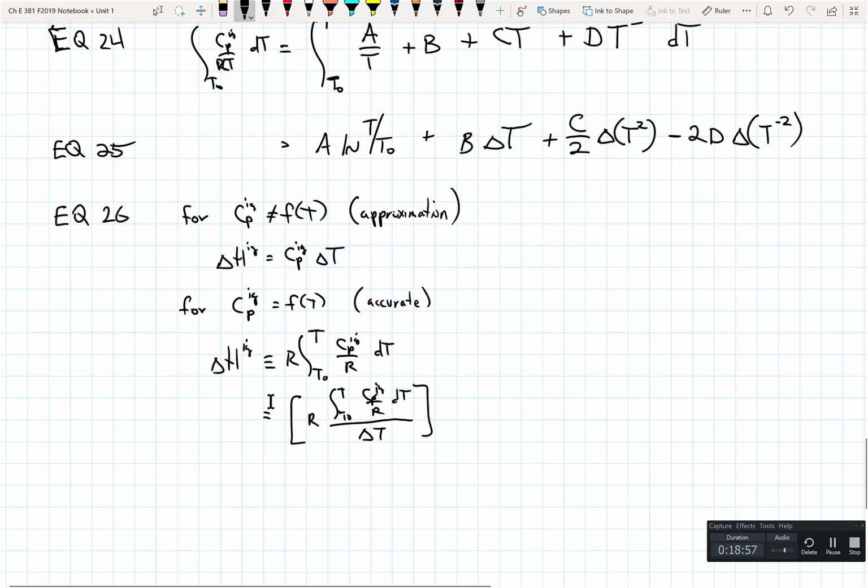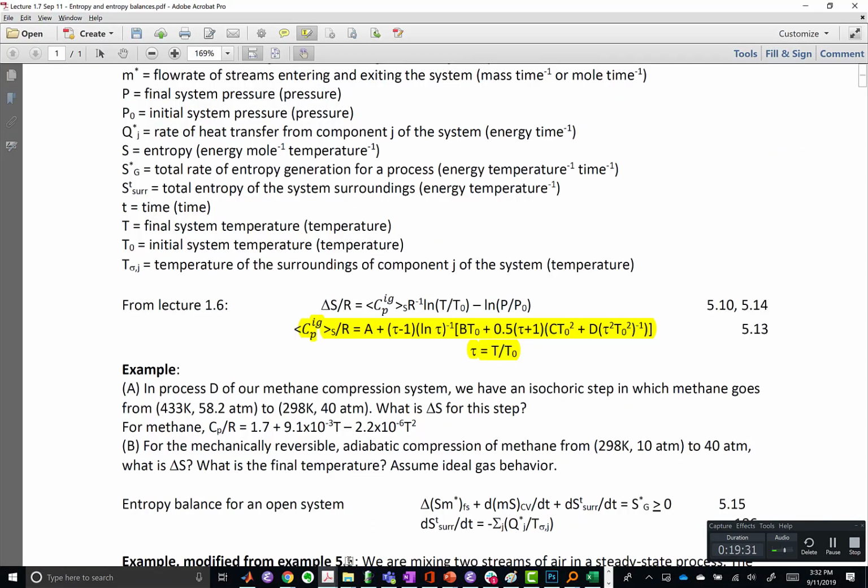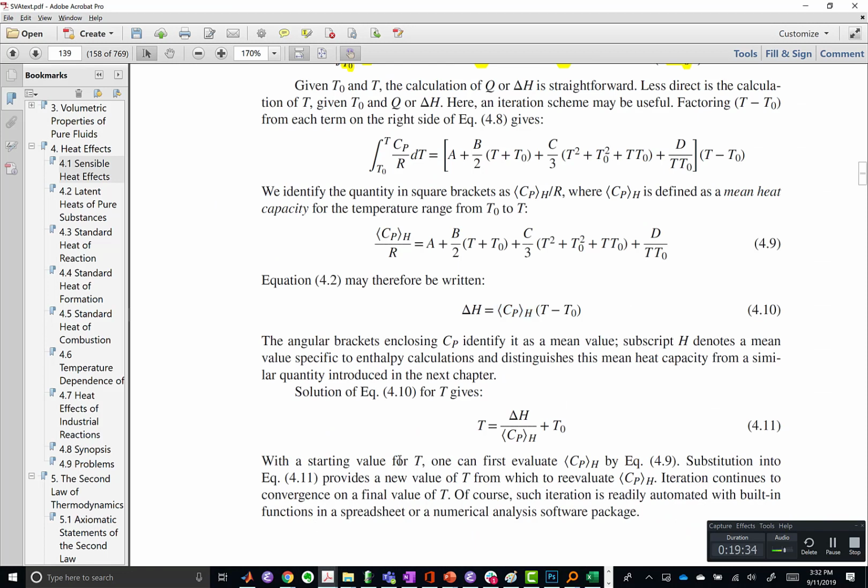And then we just simply divide and multiply by delta T. And then this whole term right here becomes a quantity that's defined purely for algebraic convenience, C_P^IG, the subscript H, to remind us that this is for enthalpy calculations, times delta T. And if we look in the text, we get a nice compact definition for that quantity, and that is, of course, right here.